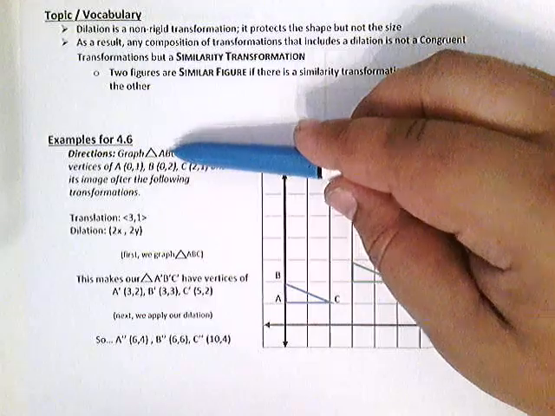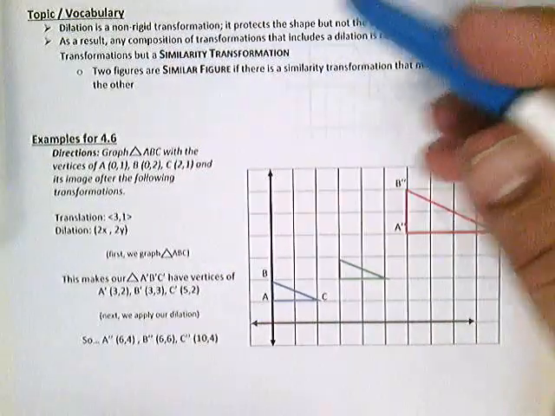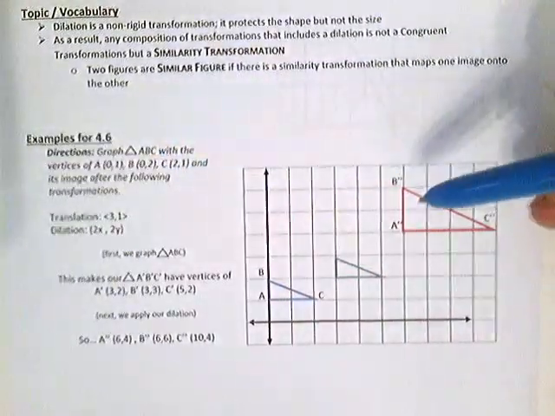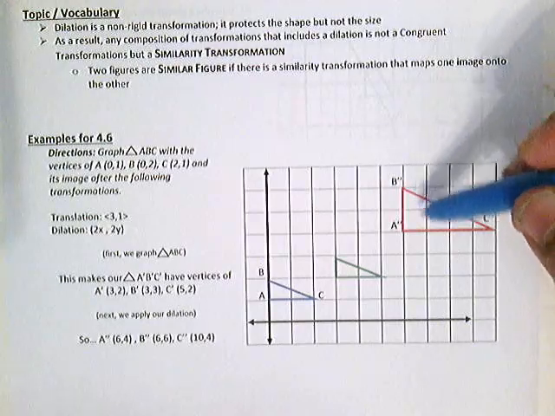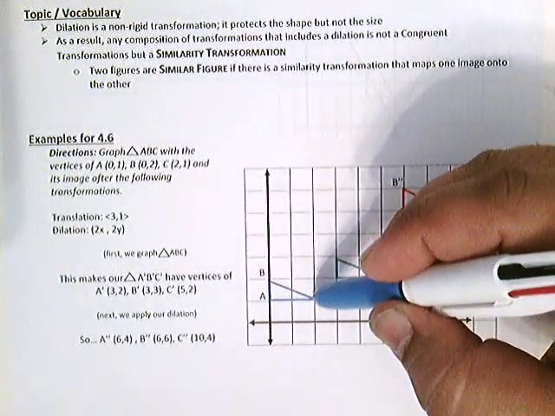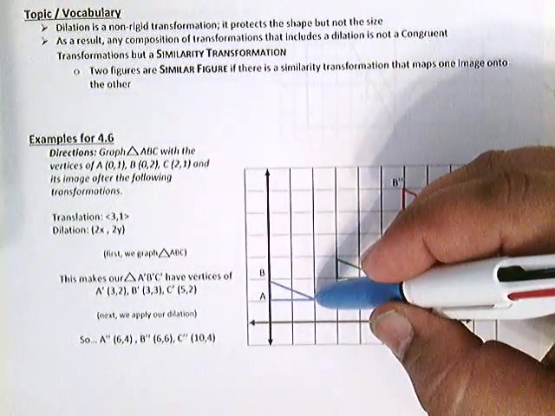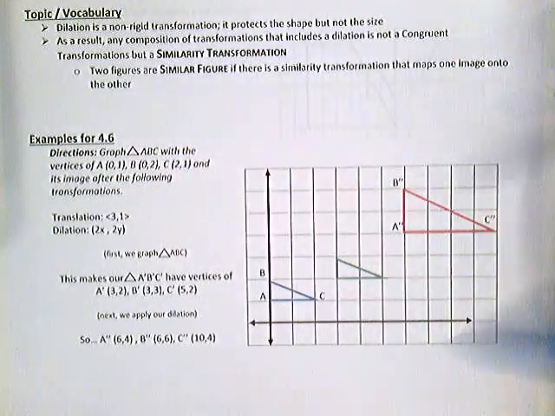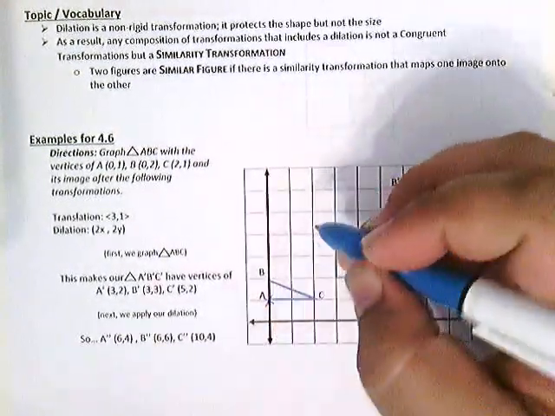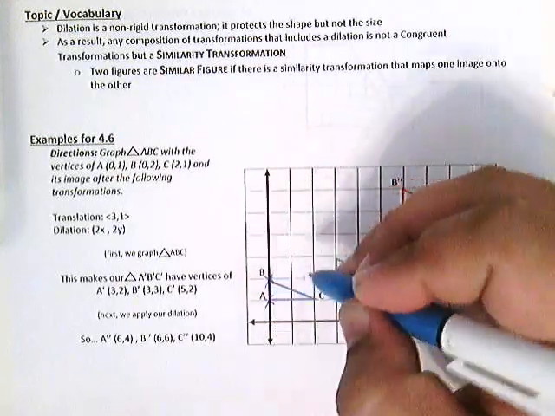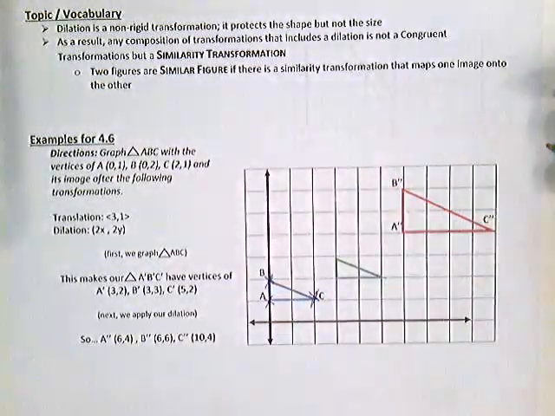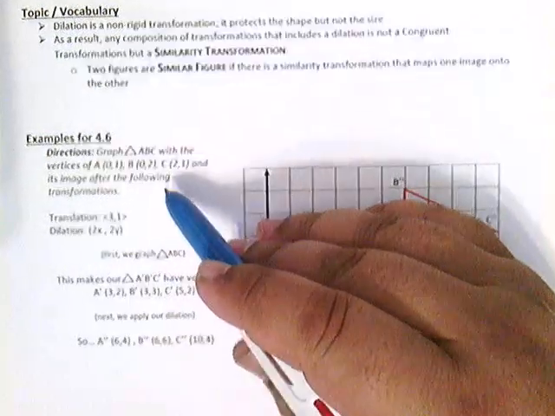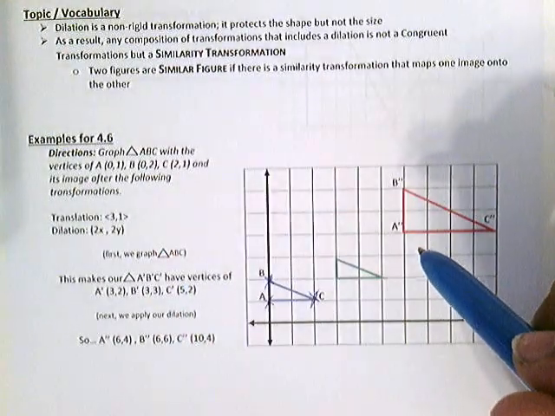So in our example for this section, we are asked to graph triangle ABC. That's this guy right here, with vertices (0, 1), (0, 2), and (2, 1). And its image after the following transformation.